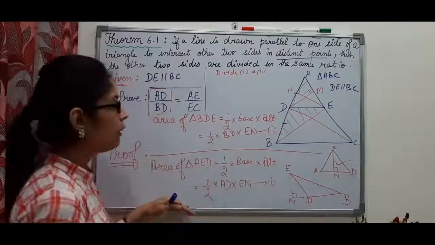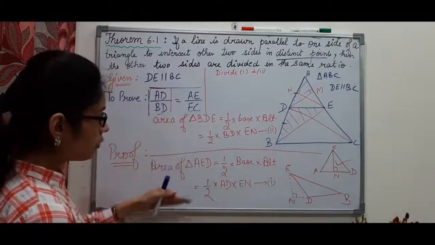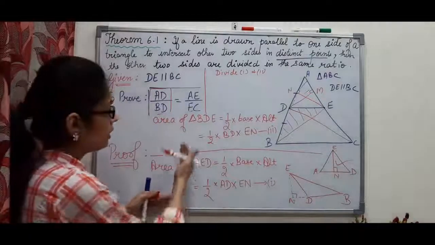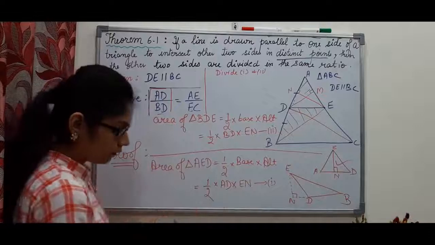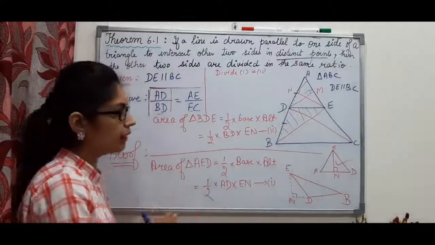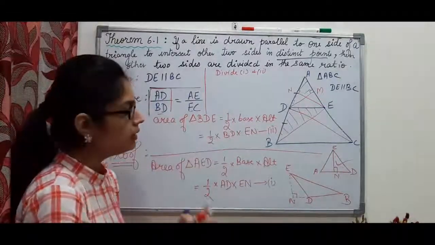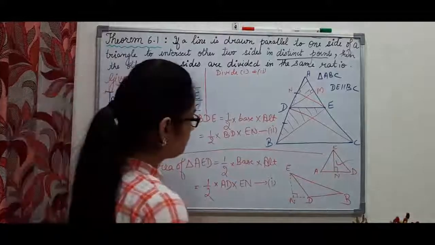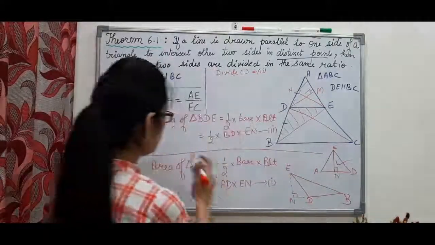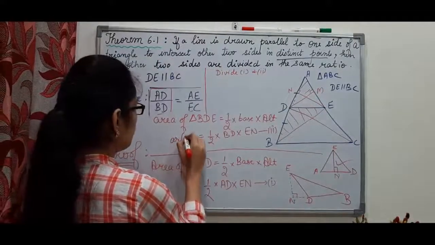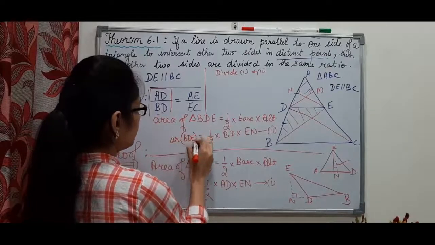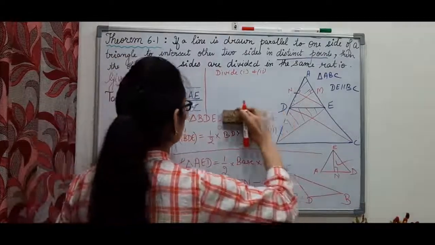So that's why I am dividing. So whichever things you have written on the left side, like area, you have to write on the left side, and whichever things you have written on the right side, just write on the right side. So I just need this point, area of BDE. This is my second, so I'll erase this now.